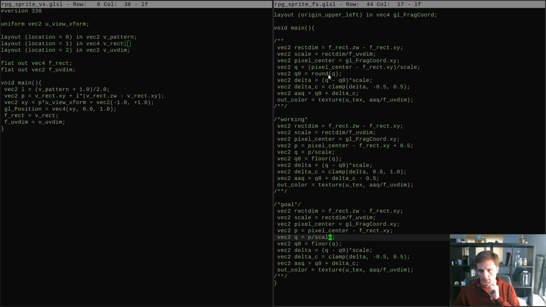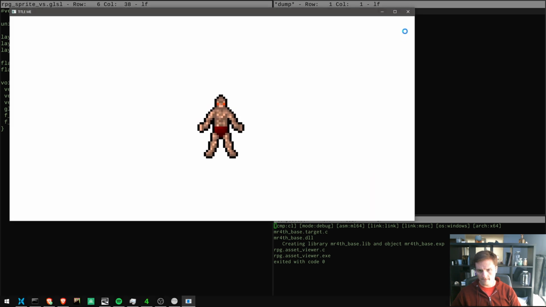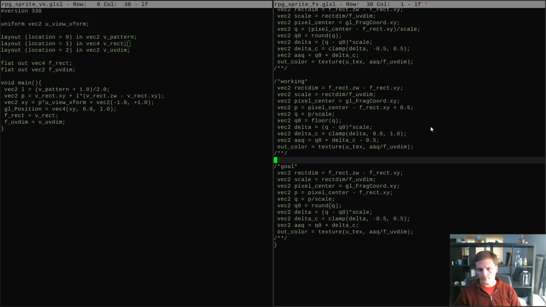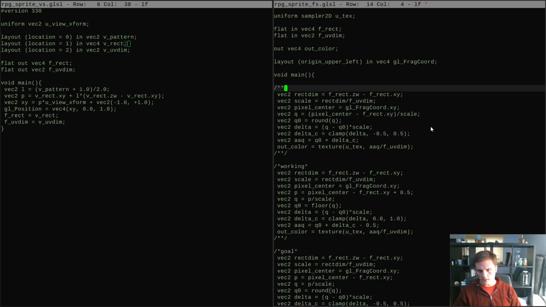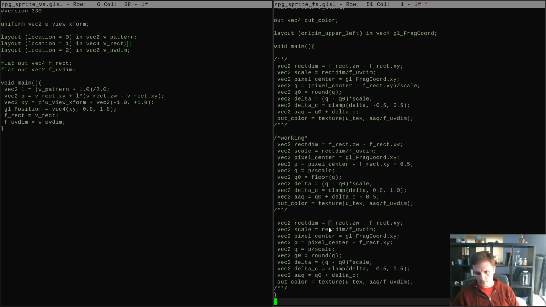What was different was that I was just flooring. Okay. Yeah, that's the only problem. Okay. So there it is. Now I'm curious why I couldn't transform. Here's the working version. We're done.